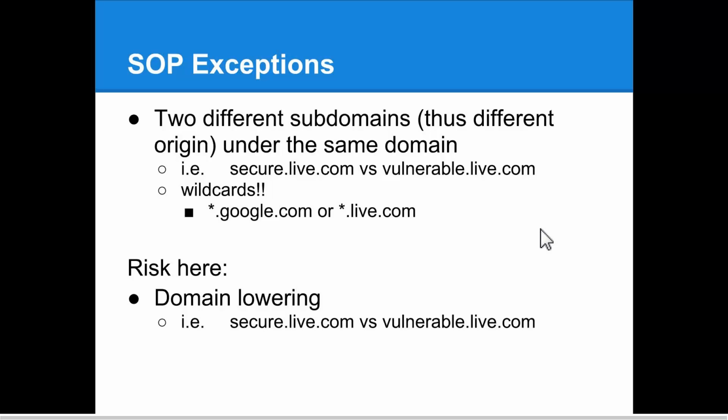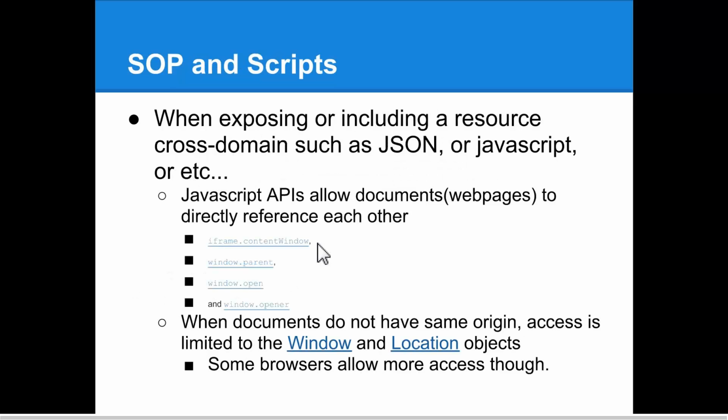Now clearly you can see that there could be just problems there. So there's also wildcards that are allowed, like star.google.com and star.whatever.com. So the risk here is basically domain lowering. You're perhaps lowering the standards required for a certain domain or subdomain by allowing scripts or documents to interact with perhaps lower standard domains, or rather subdomains.